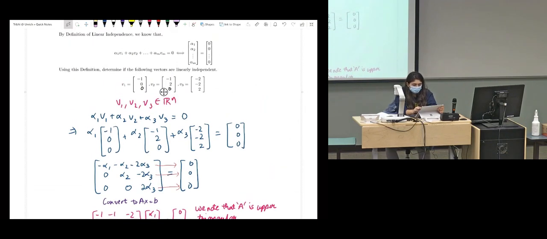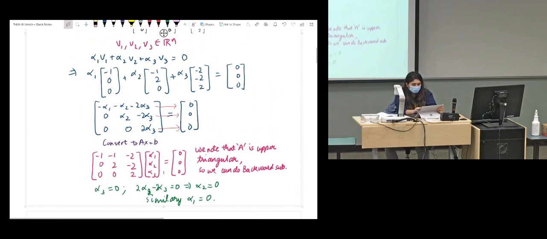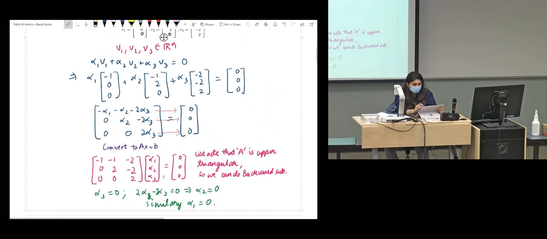So we could prove that the only way that these vectors could satisfy this equation was if alpha 1, alpha 2, alpha 3 were 0, which means V1, V2, V3 are indeed linearly independent.